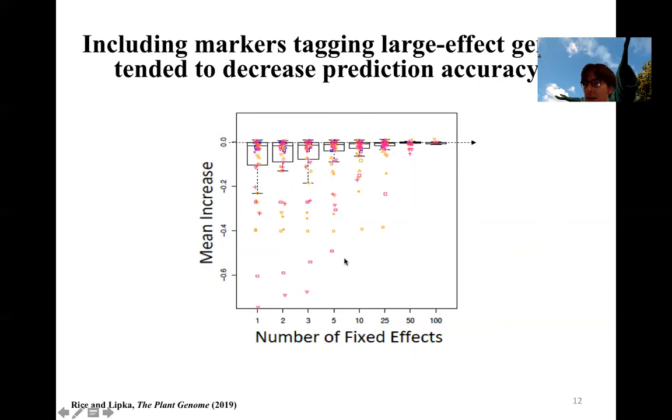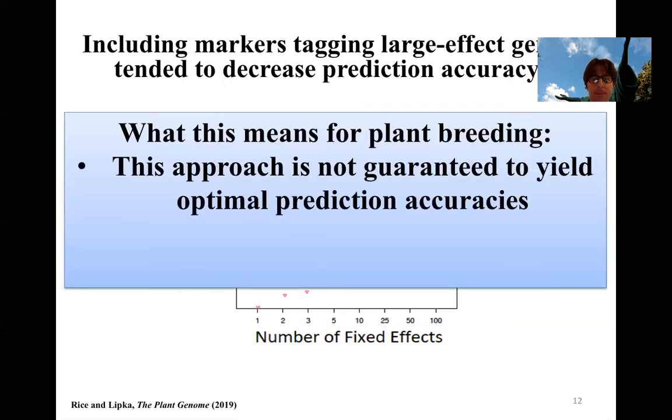So what this is telling us is that for most of our traits, including these additional X variables tagging these artifact genes actually decreased prediction accuracy. And this is an important result because prior to this paper, there had only been positive results reported on the practice of including these artifact genes as X variables in genomic selection models. So these results are showing that including these artifact genes is not a guarantee for increasing prediction accuracy.